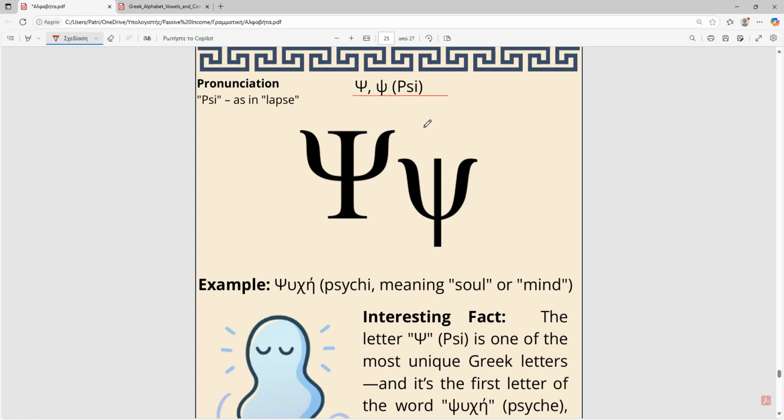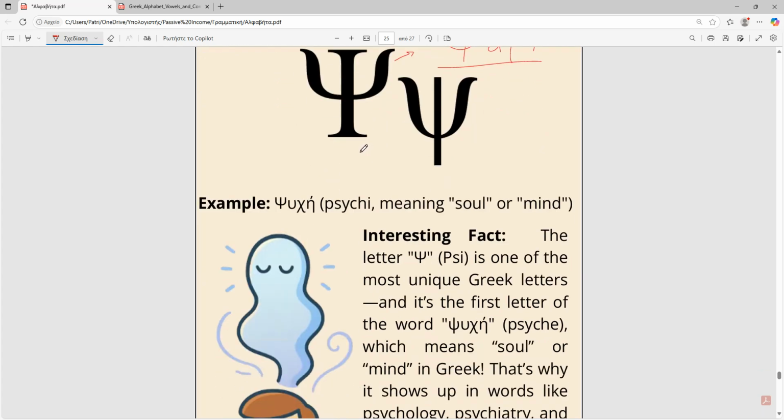So there is a theory that many of the words that have to do with the sea use psi as a starting letter. For example, psari is the fish. Maybe you have heard it in a taverna. But we are not sure, okay.